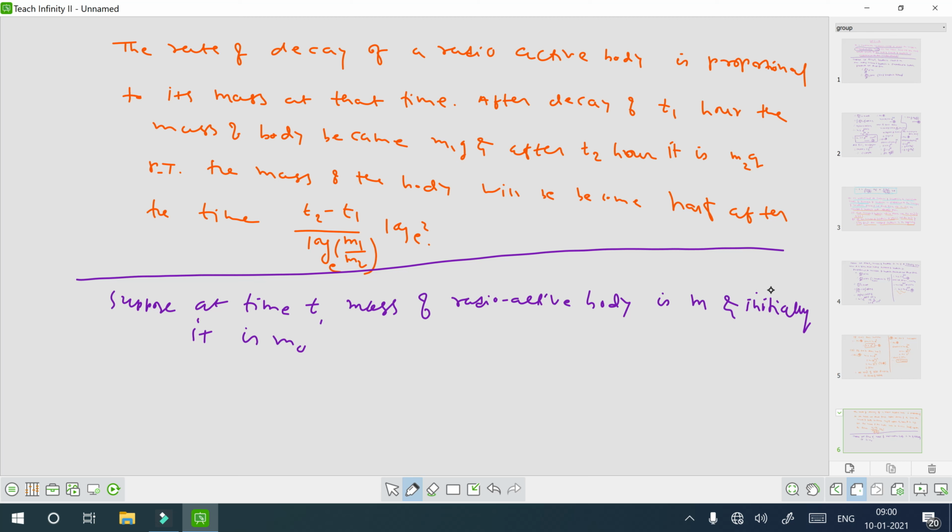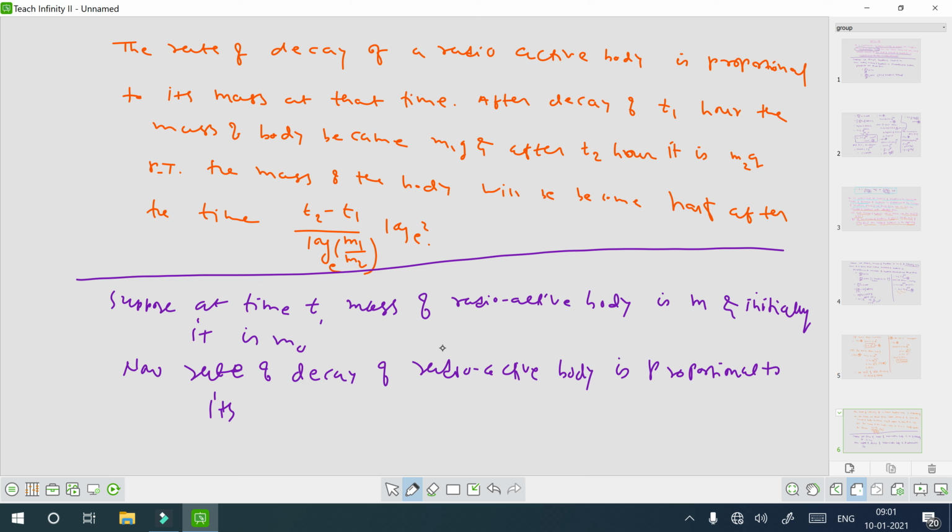Now it is given that the rate of increase, rate of decay. Now the rate of decay of a radioactive body is proportional to its mass present at that time.